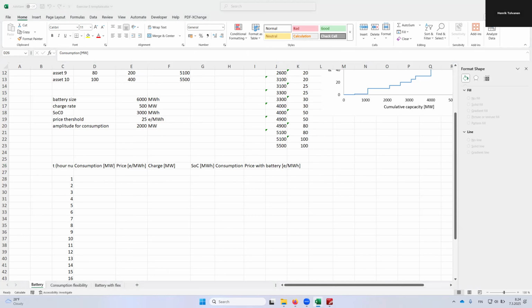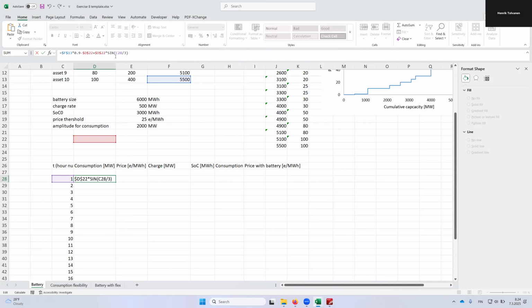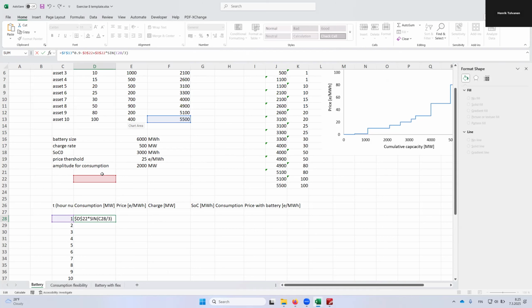So what we can do is we can use, for example, a sin function, and I'm gonna copy it from my other file. So you can see what I have in here is the maximum capacity. I'm going to multiply it with 0.9.